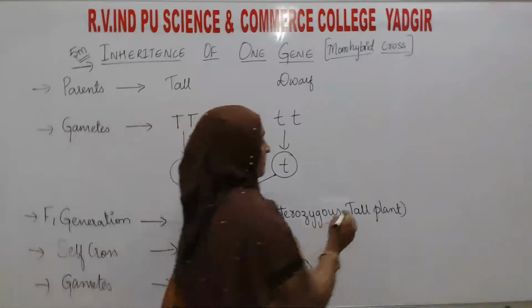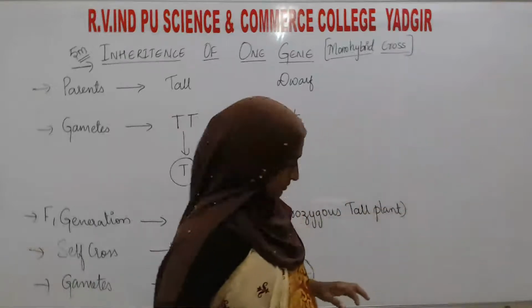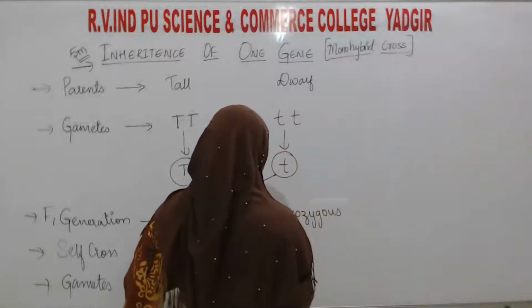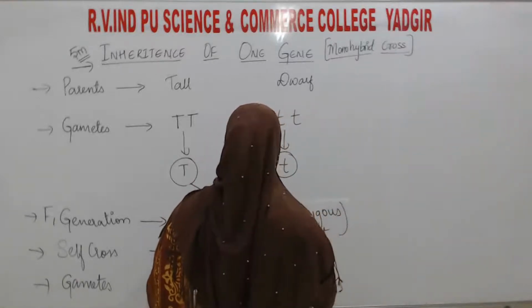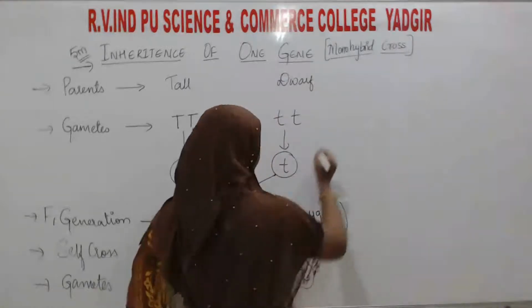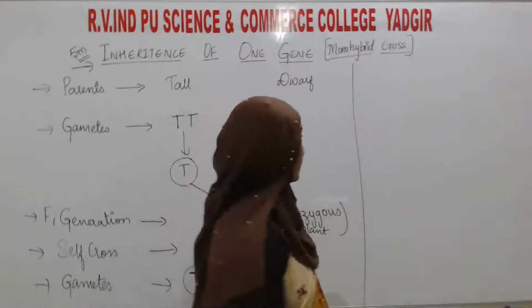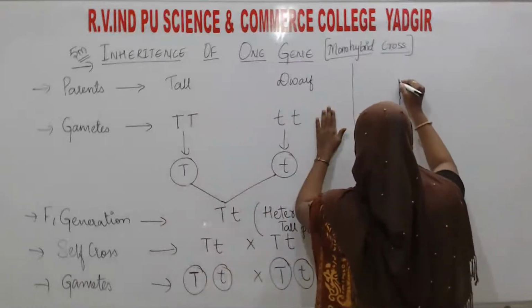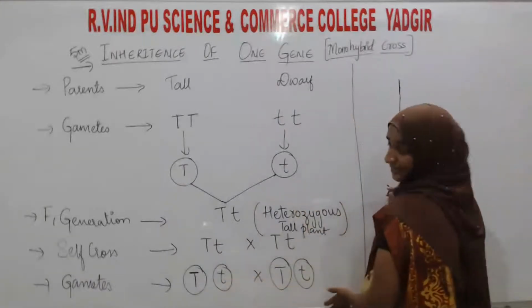You see, here I will write. How many gametes are there? 4 gametes are there.